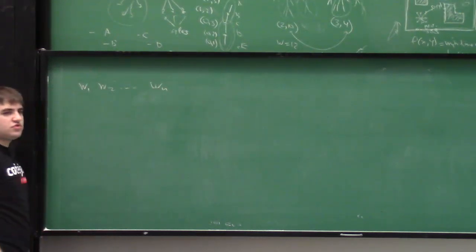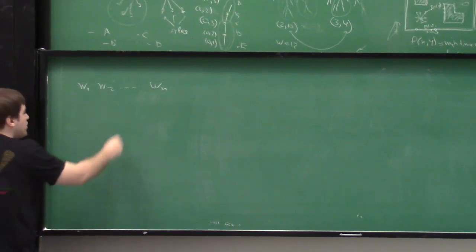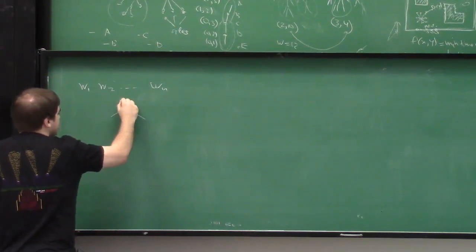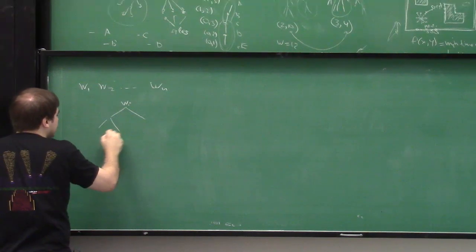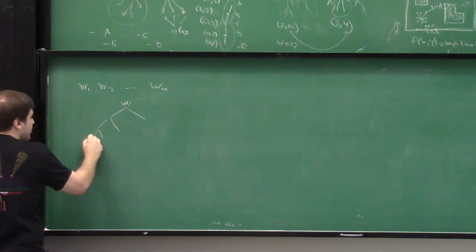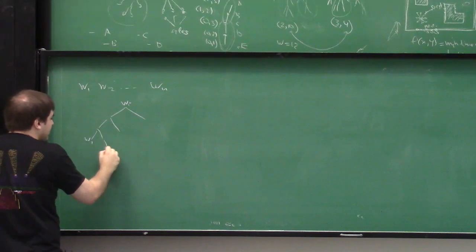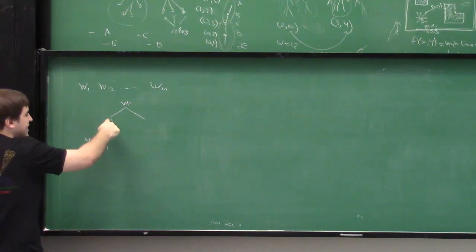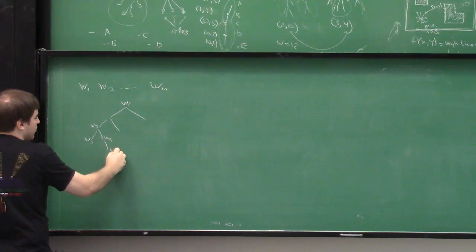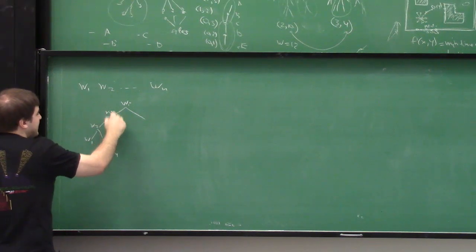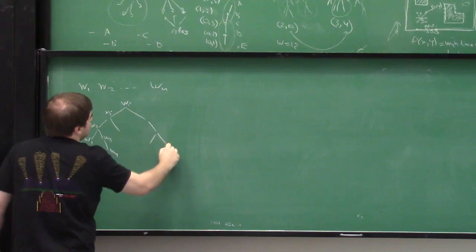And what you want to do is to put them into a binary tree such that the binary tree contains exactly all the elements you have in exactly this order, like w1, w2, w3, w4, w5, and so on, up to wn.